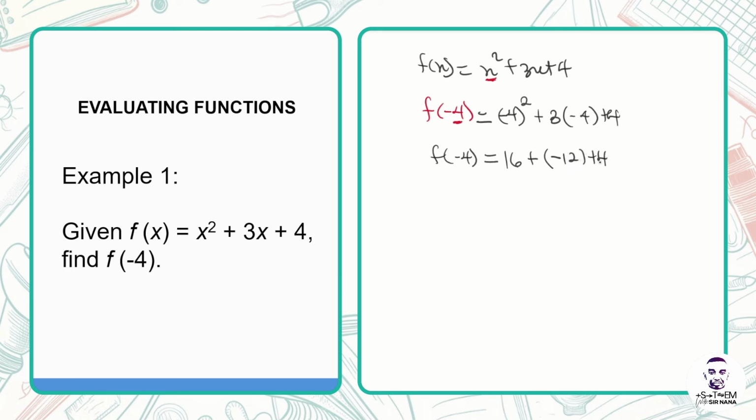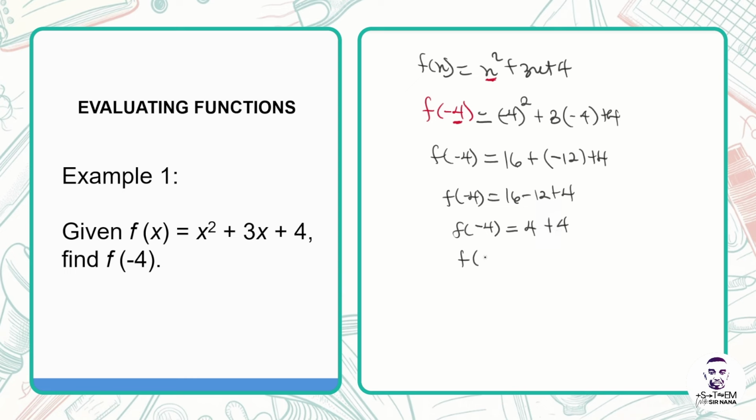And then plus 4. So it means that f of negative 4 will be equal to 16, we have positive and negative, it gives us negative, so 16 minus 12, plus 4. So f of negative 4 will be equal to 16 minus 12 will give us 4. Then we have plus 4.